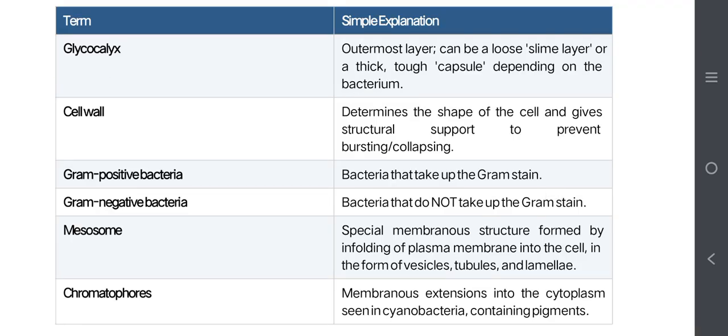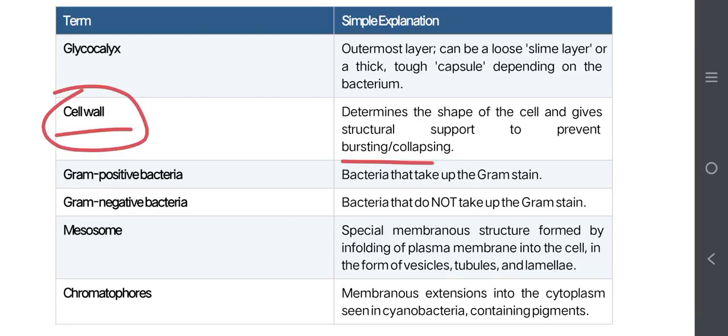Another one is the cell wall. It determines the shape of the cell and gives structural support to prevent bursting and collapsing. One of the main important MCQs in NEET: the cell wall is a structural support to prevent which of the following?